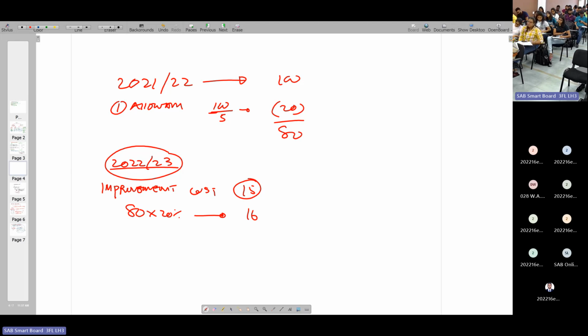So, what is the capital allowance they can claim in that particular year? Then another 20 million. And altogether these two they would have claimed in 22-23. So then what is the written down value that comes to this year?